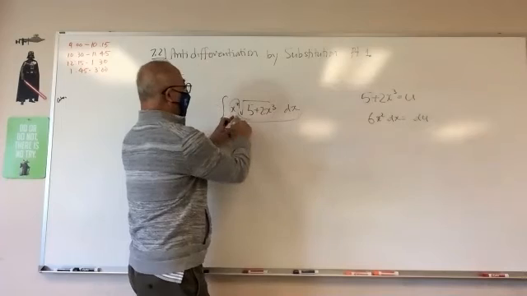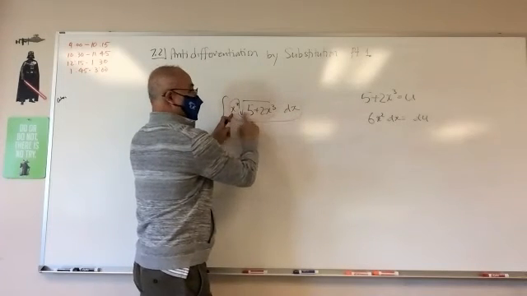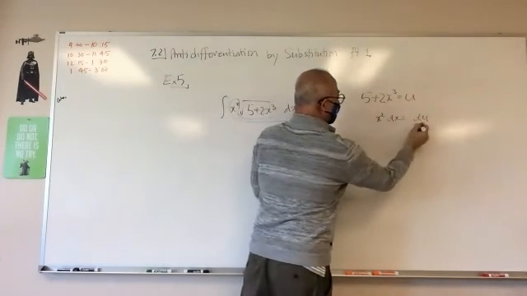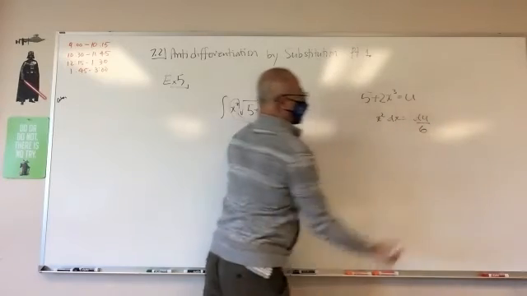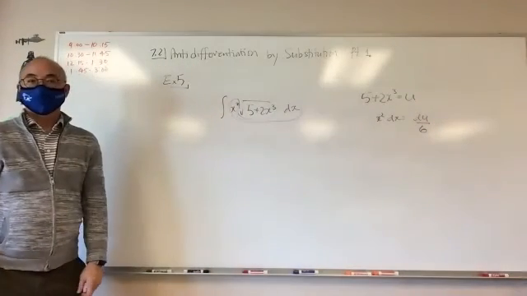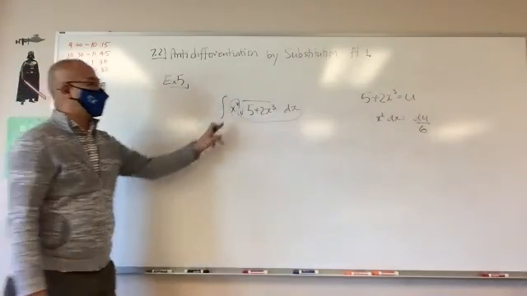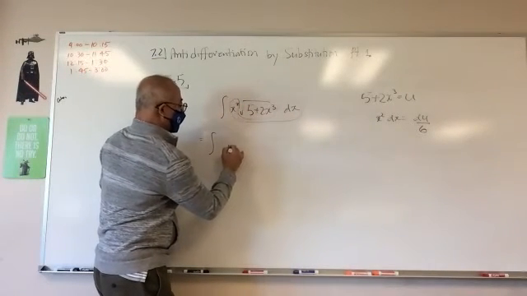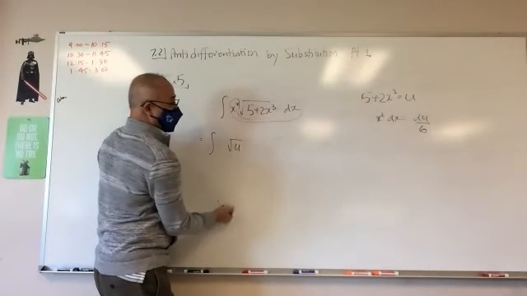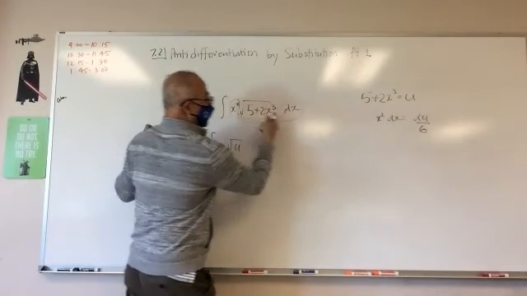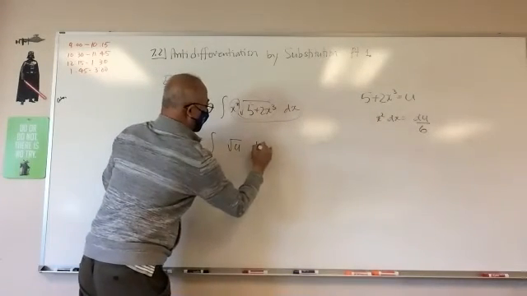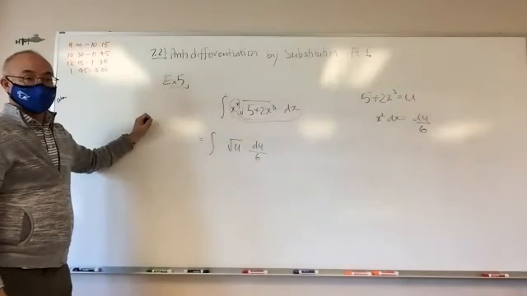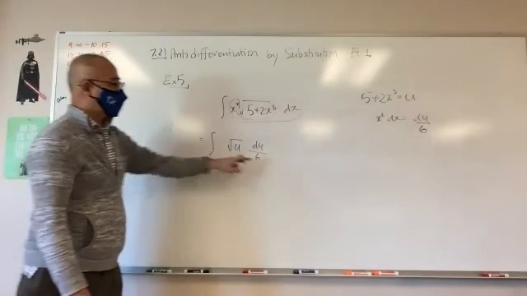I didn't quite get this, but all I'm going to do is divide this by 6. And I got that, right? I got what I was trying to accomplish right here. So now I can say this is going to be equal to square root of u. And this guy is going to be du over 6, right?